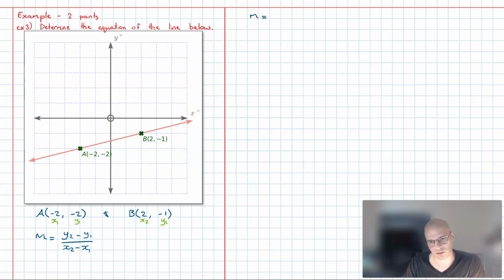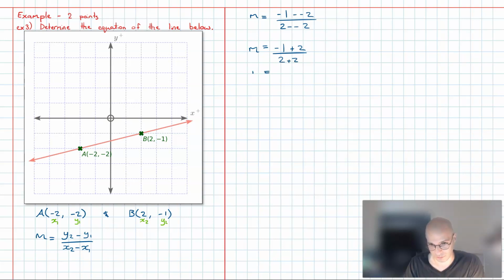Moving across, I know that my y2 is -1, my y1 is -2, so minus -2, and that's all over x2 is 2 take -2. Calculating this out, I can see that -1 minus -2 is -1 plus 2, all over 2 plus 2.